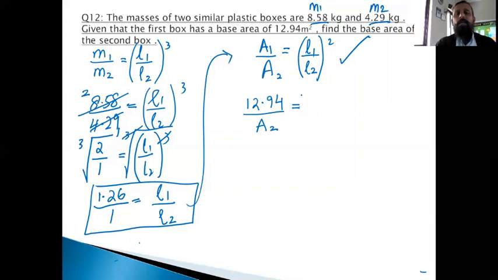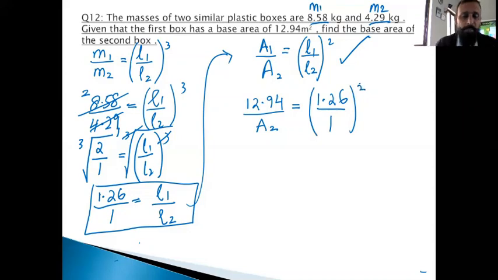Now L1 and L2 we have just found. The ratio of the corresponding lengths L1 and L2 equals 1.26 ratio 1, or 1.26 upon 1. So we'll plug in this 1.26 upon 1 whole square.